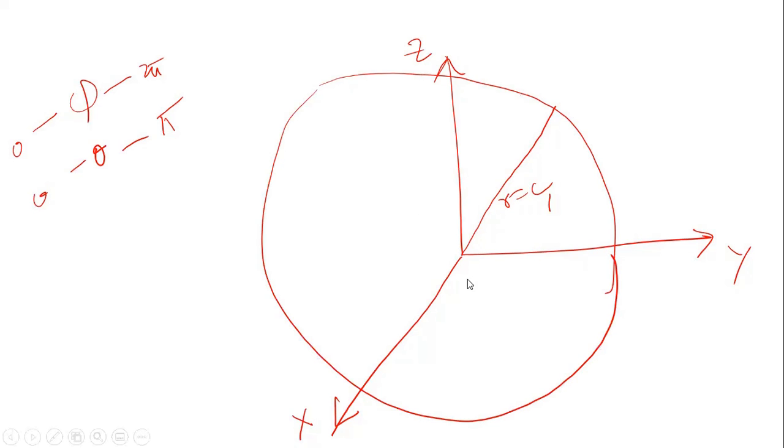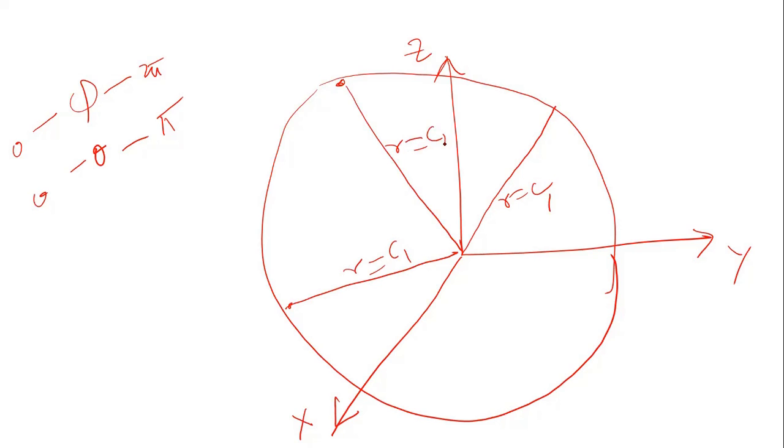Fixing the value of r means you are fixing the radius of the sphere. So at any point on the surface of the sphere, your r value will still be c1. If you take any point on this surface of the sphere, your r value is fixed, right?